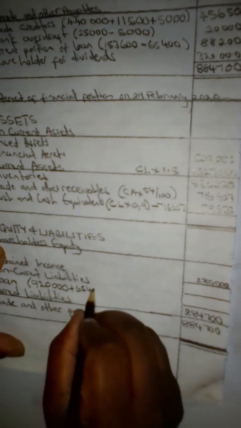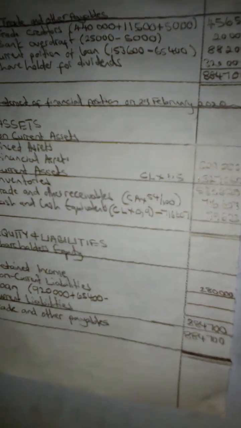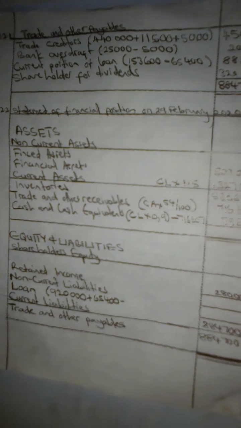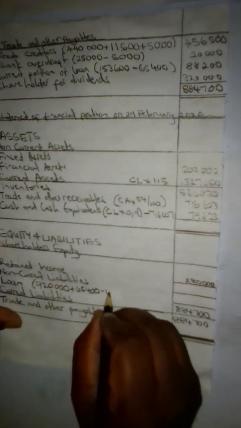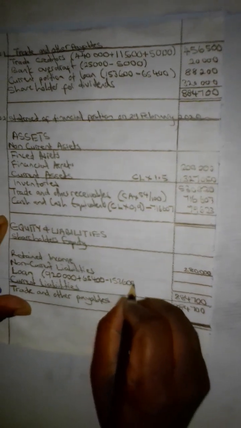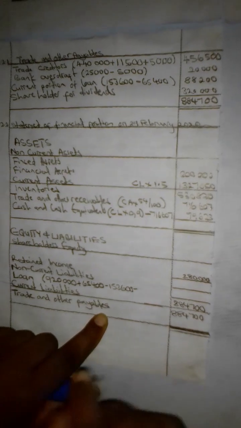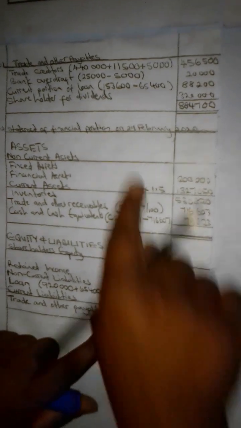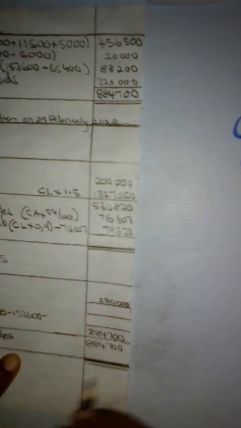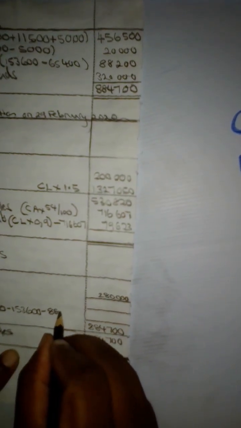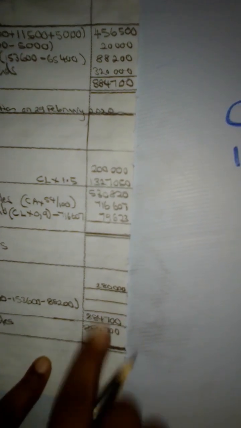Plus 65,400, the interest being capitalized. And then we minus the repayment plus interest. The repayment that was made, 153,600. And we also minus the current portion of the loan, which we calculated under current liabilities. The current portion of the loan, we said, is 88,200. This will actually give us the amount of the loan at the end.